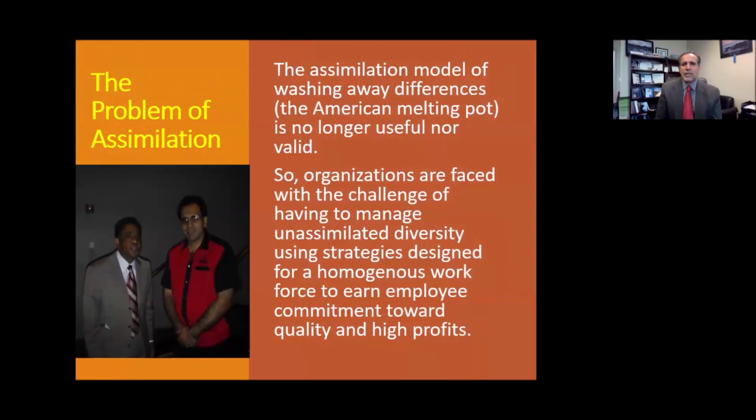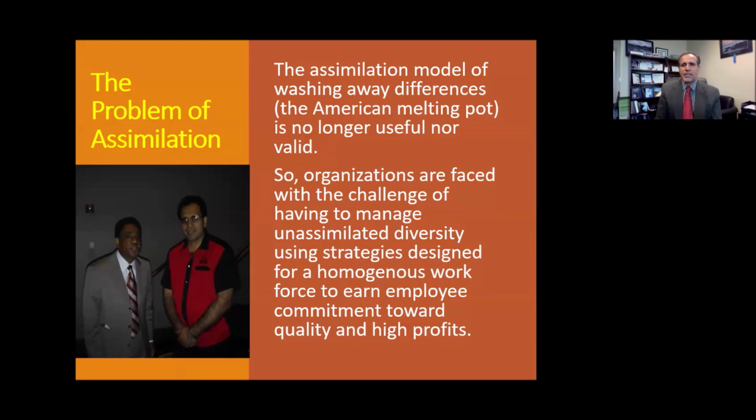Dr. Roosevelt mentioned that there are some problems associated with programs like assimilation. The assimilation model of washing away differences, or the American melting pot, is not really very useful nor valid in today's environment in the American workforce.